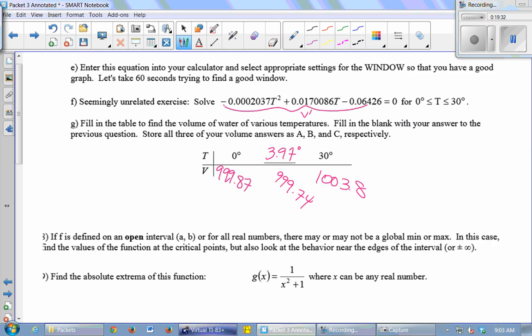So the volume of water has a global minimum on the interval from 0 to 30 degrees of 999.74 cubic, whatever the units were, at 3.97 degrees Celsius.